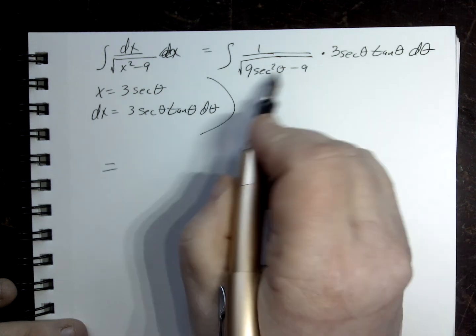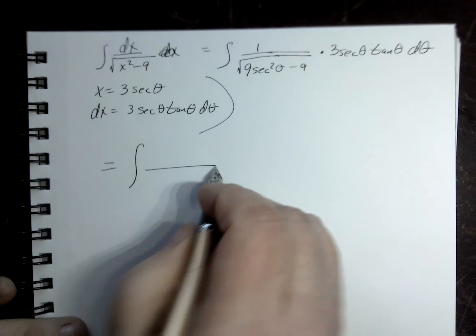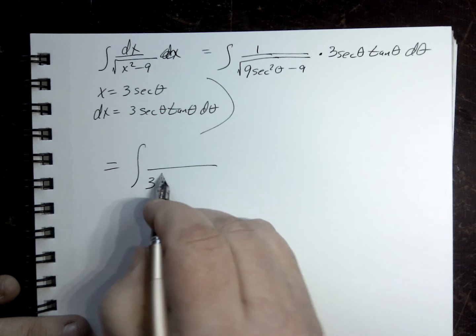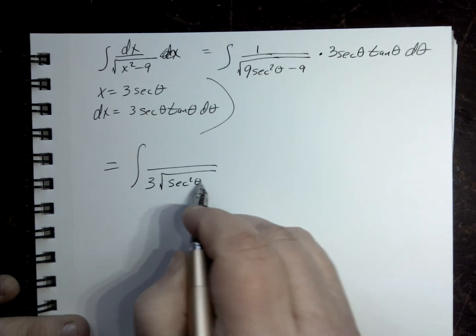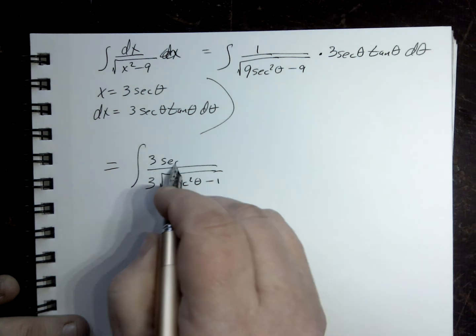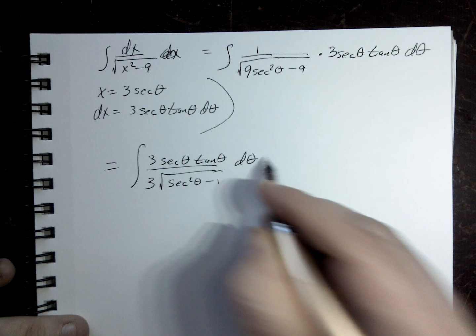So let's see, I can pull a 9 out of the bottom. When it comes out of the square root, it becomes a 3. I get the square root of secant squared theta minus 1. And on top I have 3 secant theta tan theta d theta.